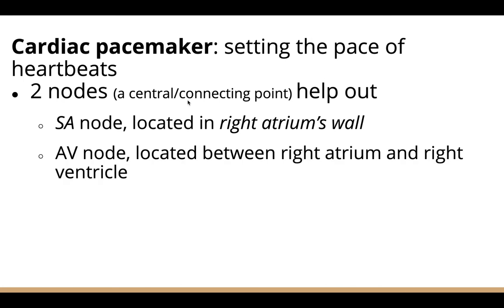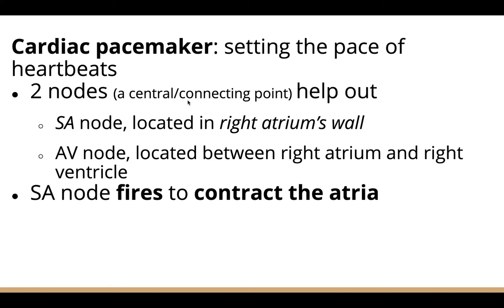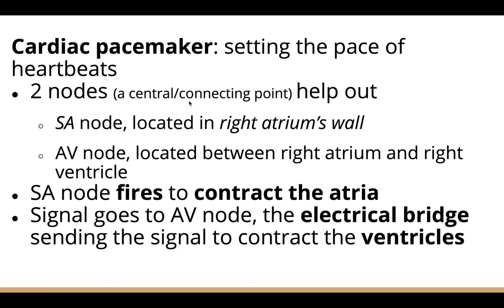One of the things it'll trigger is the next node, the AV node. The AV is located between the atrium and the ventricle on the right side of the heart. So AV, between the atrium and the ventricle. Now, what they specifically do, the SA node will trigger the contraction of the atria, and the AV node will then kind of act as a bridge between the SA node and the ventricles and cause them to contract.